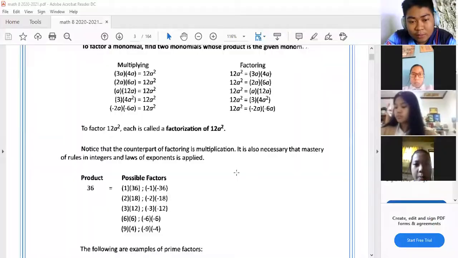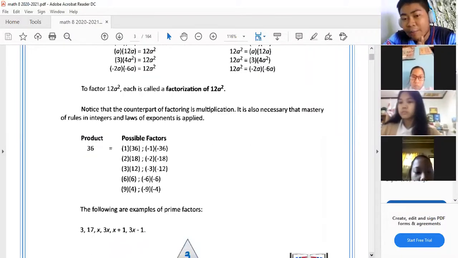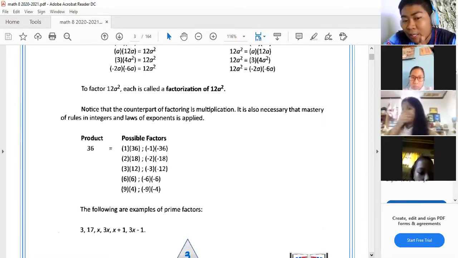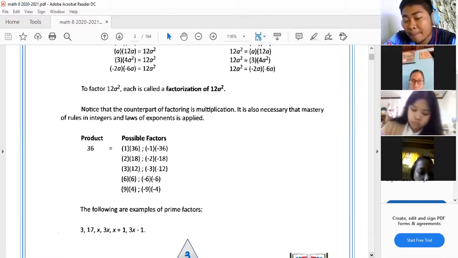Ayan. So, the following are the examples of prime factors. So, when we say prime factors or prime numbers, anong prime numbers? You can only multiply it by itself and 1. So, yun lang yung factor niya. For example, is 1. 1 times 1 is always 1. 2, hindi na siya pwedeng i-factor. That is 2 times 1 na lang ang factor niya.